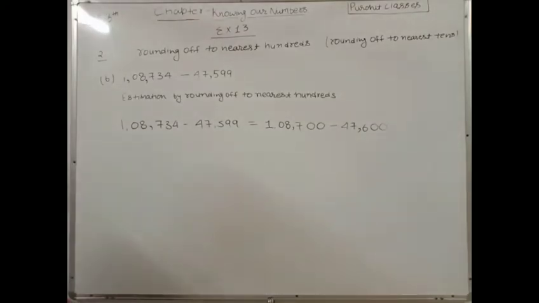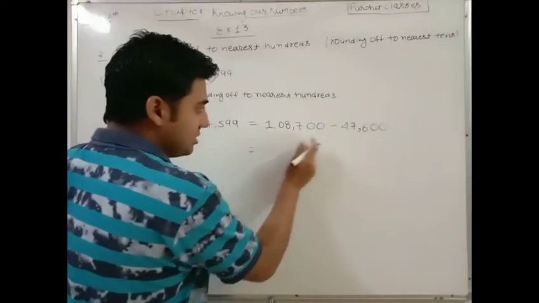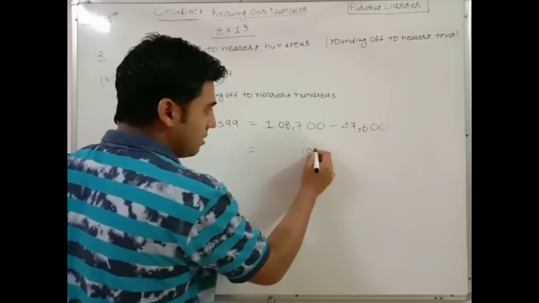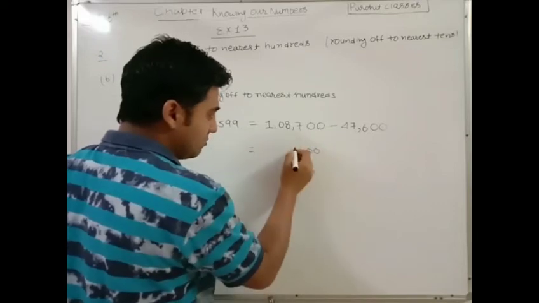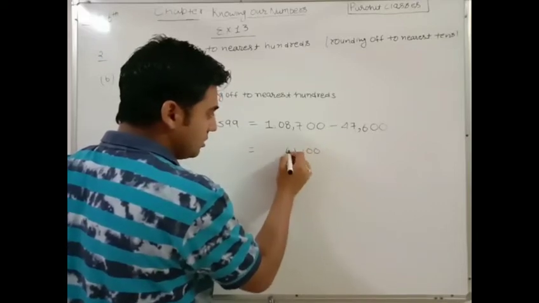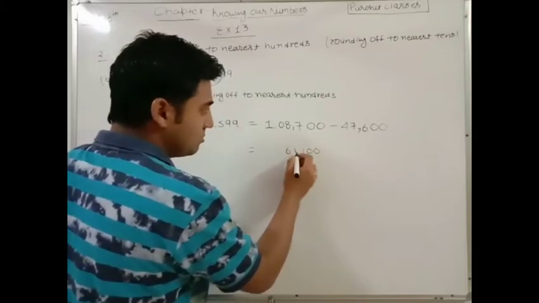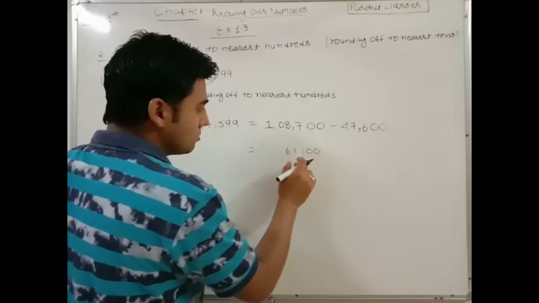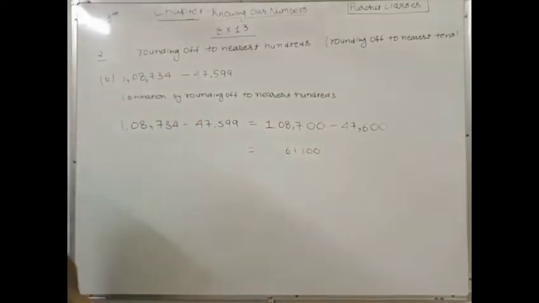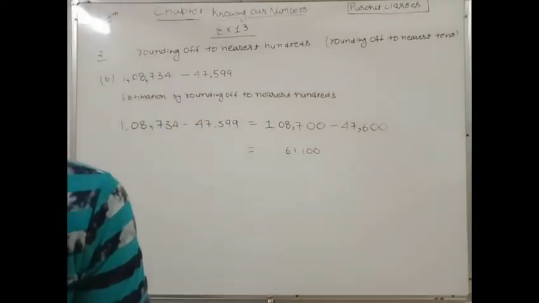Now simply we will find the difference. This will become 100, and if we subtract, this will become 1 and 6, correct? So this will become 61,100.